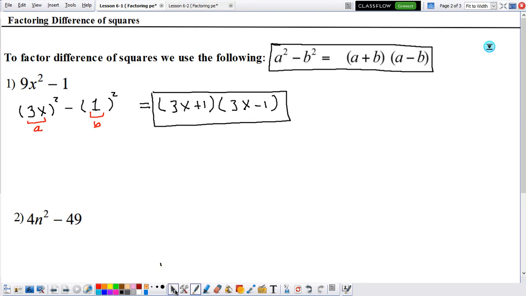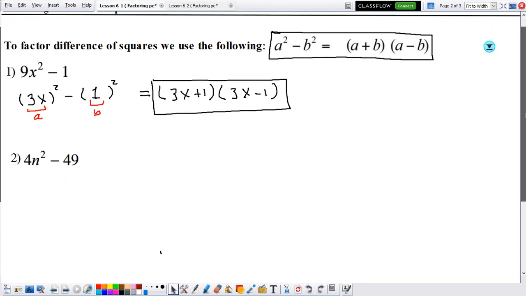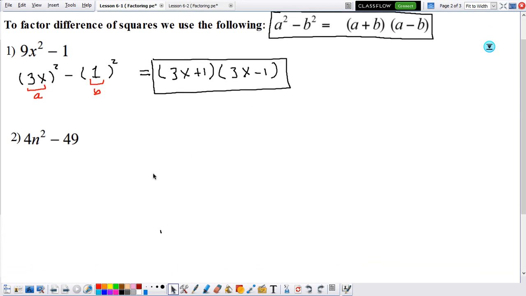Now let's take a look at the second example. Again, what we want to do first is rewrite it so we can use this formula. Is there a way for me to rewrite this as something raised to a second exponent minus something else raised to a second exponent as well? Well, let's see.